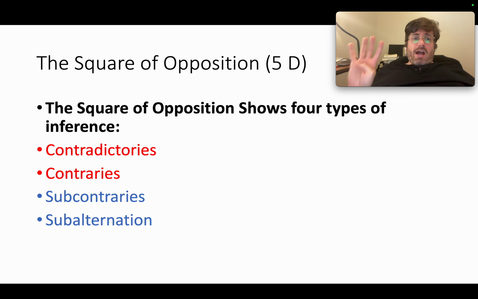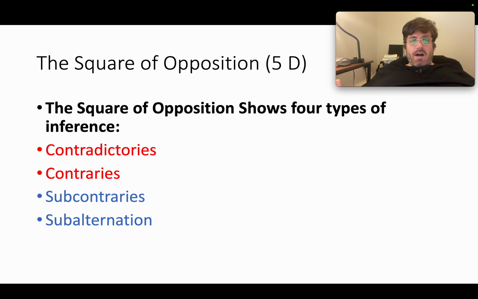Now, there are four types of opposition that allow us to make inferences on the square of opposition. The first type is known as contradictories. Two sentences could be said to be contradictory. The second type is known as contraries. Two sentences could be in a relationship of contrariety. The third is known as subcontraries. And the fourth is subalternation.